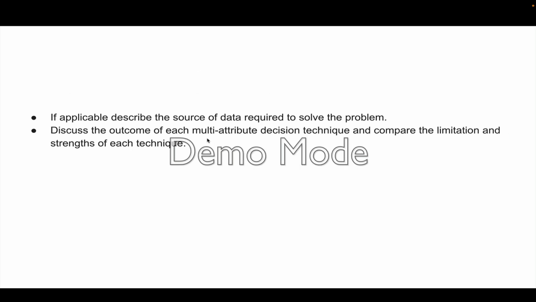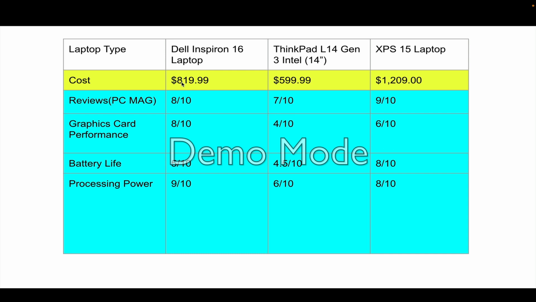I ranked them all except for the prices, because I figured that those were all on the same scale, so I might not need to change those. So I kept those all the same, and I changed these into ranks out of 10.